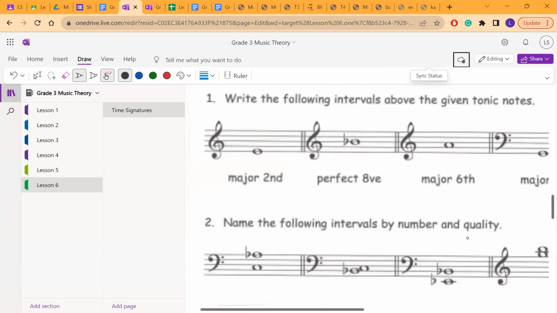Okay, following intervals above are given notes. E to F sharp is a major second, because E to F is a semitone, E to F sharp is a tone. Perfect octave.